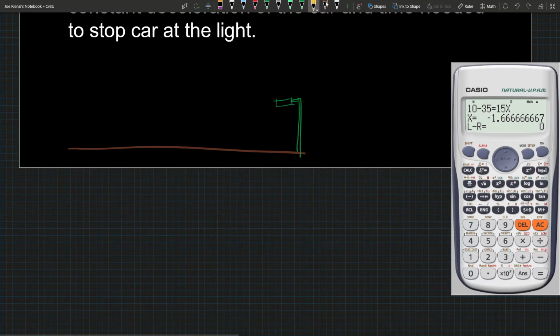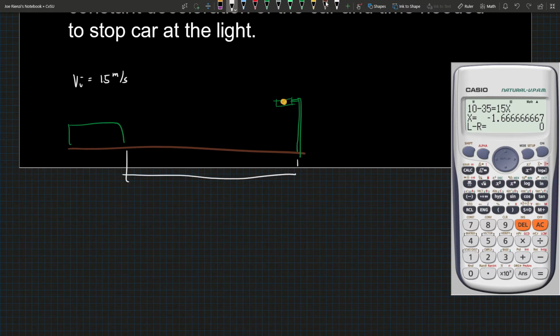And then suddenly it turned yellow. The current situation is we have our vehicle here, the bus, and then with the initial velocity 15 meters per second. Yung traffic light daw is 50 meters.